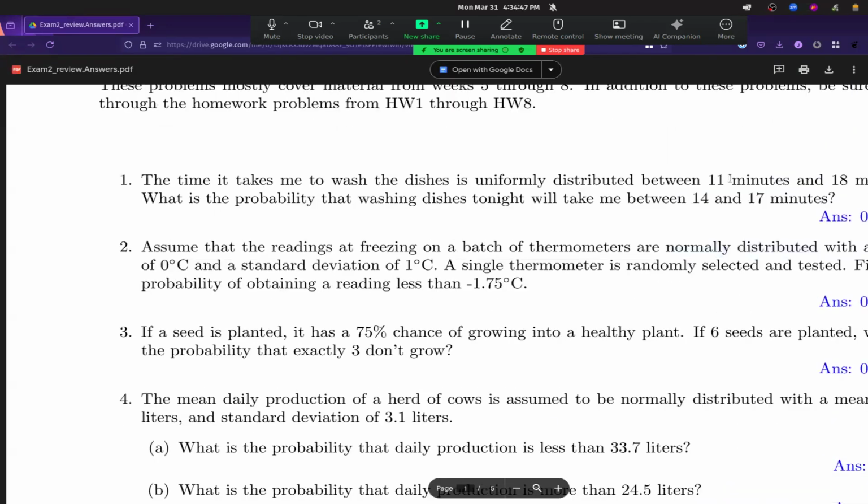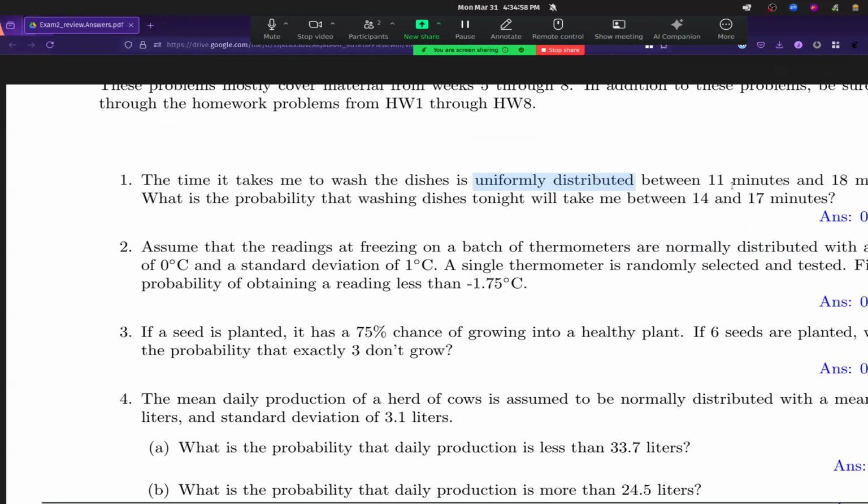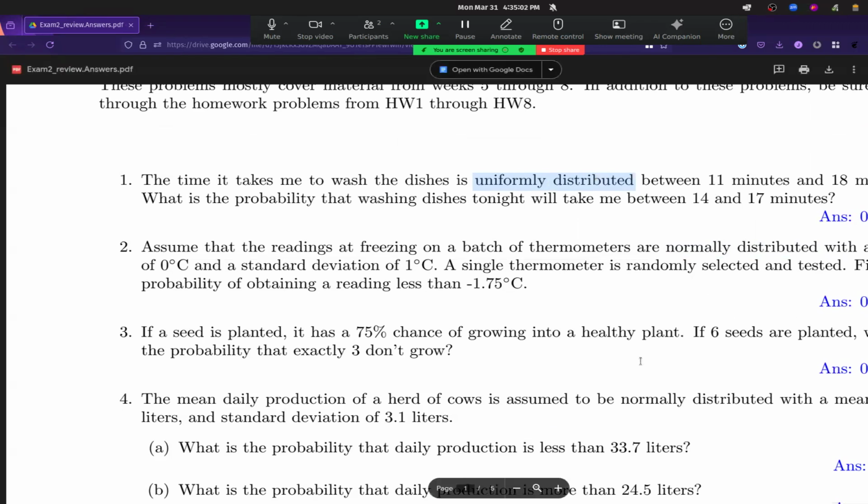Where it's uniformly distributed, that's the type of problem that uses a rectangle to calculate probability. Whereas with normally distributed, you're using the bell curve and either a spreadsheet to get the probabilities, or the normal distribution table that I posted to Canvas. Either one of those works.